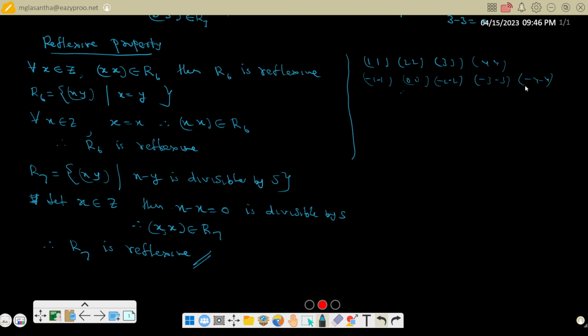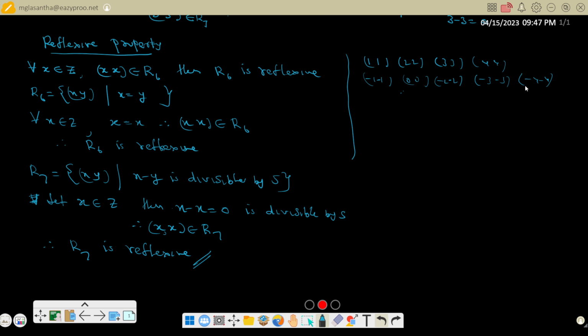Actually, you cannot check the reflexive property taking the members one by one, because this is an infinite relation. Is it possible to check taking one by one? It's not possible.